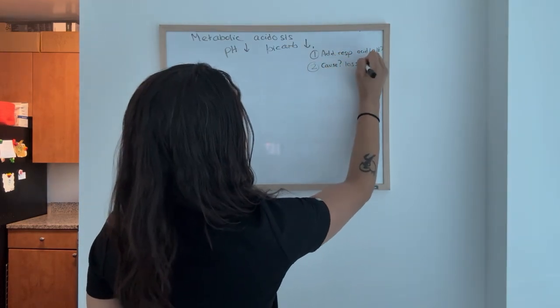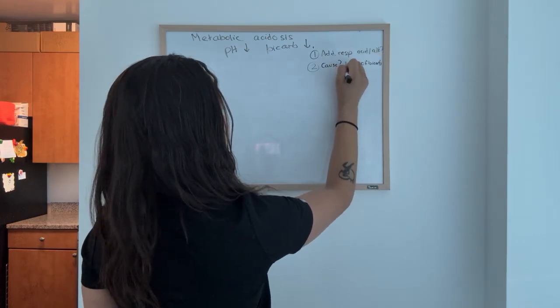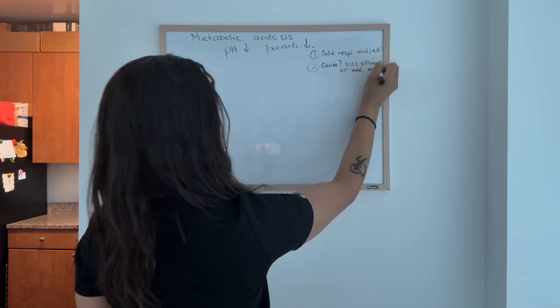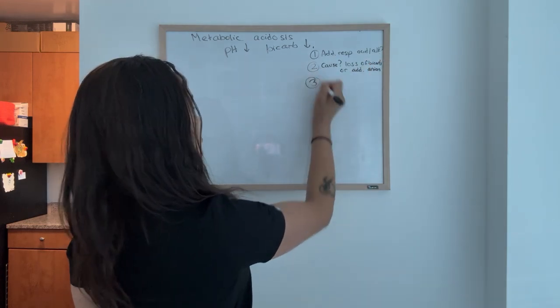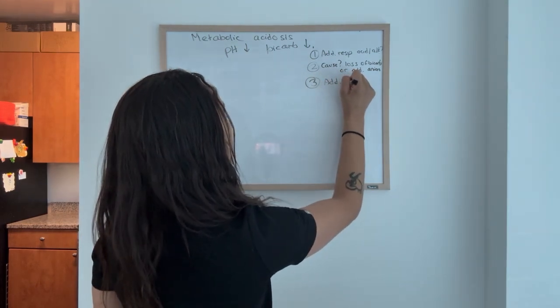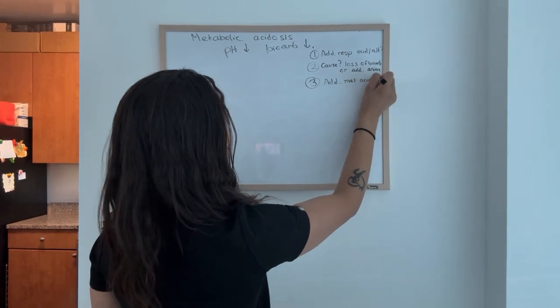As in, is it specifically a loss of bicarb, or an additional anion? And the third question I answer is, is there an additional metabolic acidosis or alkalosis?